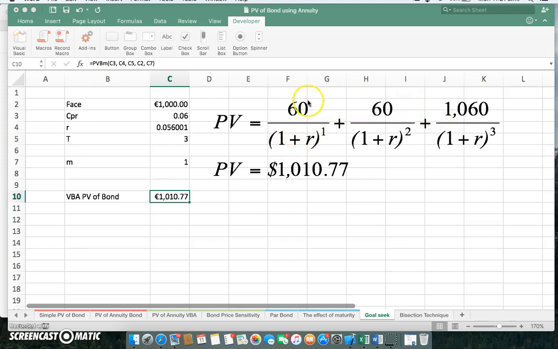We want to discount the coupon at 1 plus the rate of interest, or the discount rate, to the power of the year. And again, the same thing, to the power of the year, and the same discounting as well on the final coupon. And we'll separate the 1,000 in the code in a second.